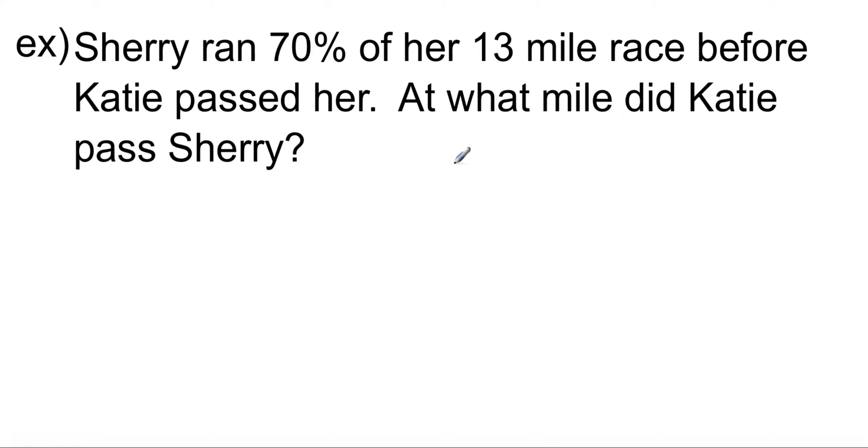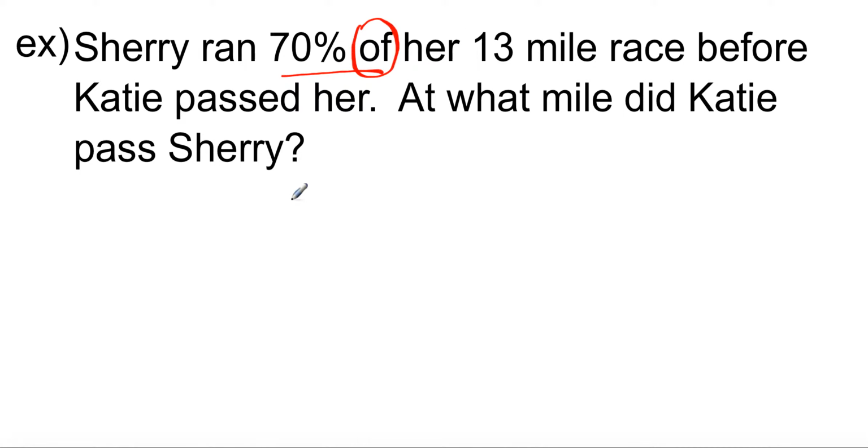It says Sherry ran 70% of her 13-mile race before Katie passed her. At what mile did Katie pass Sherry? I included this example in there because we're dealing with percents and we're dealing with application problems, and we're looking at that word of. And so that's really associated with a lot of percent problems. So 70% of 13 miles.